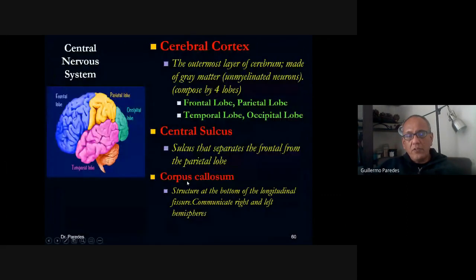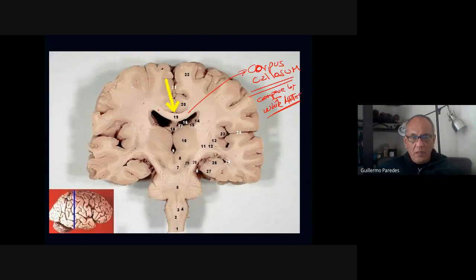In the cerebral cortex, we have the sulcus and the corpus callosum. Sulcus is going to be all these lines here. All these lines are sulcus. Here is one sulcus, another sulcus here, another sulcus here.